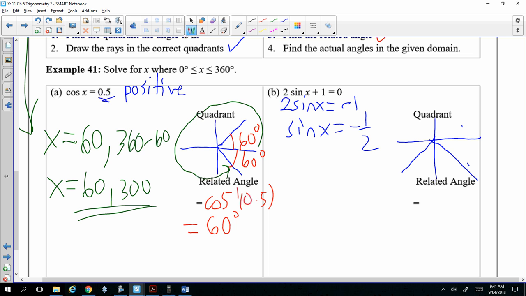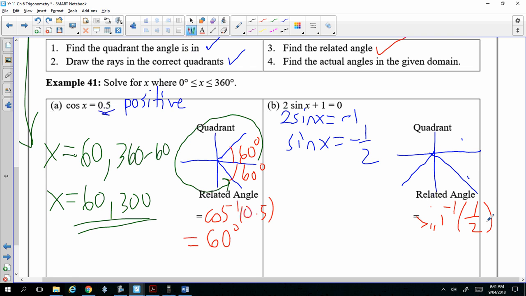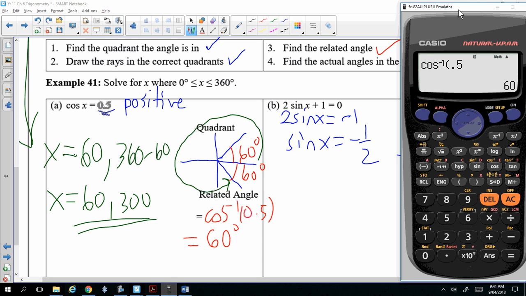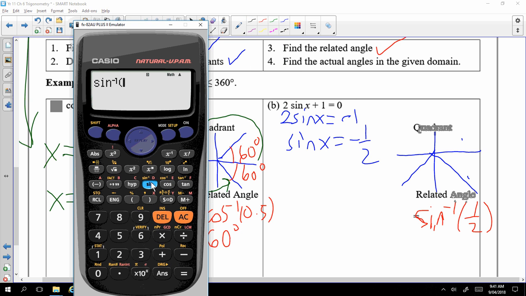Never put negative because it gives you a different answer on your calculator. If you use your calculator, you do shift sine half, which gives you 30 degrees. But what if you put a negative in front? You get -30, which is not the related angle. You have to get the related angle. So make sure you put a positive 30 degrees. So write 30.